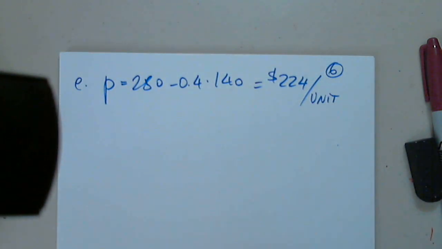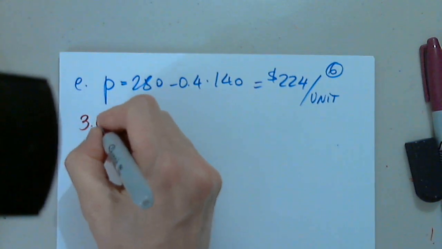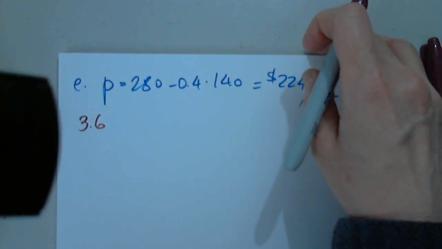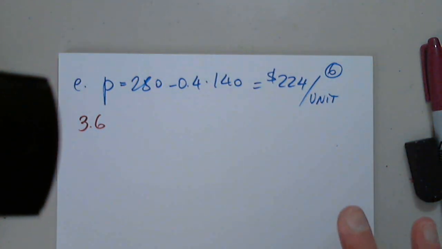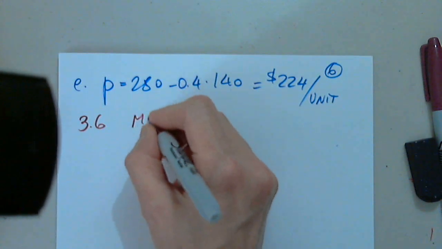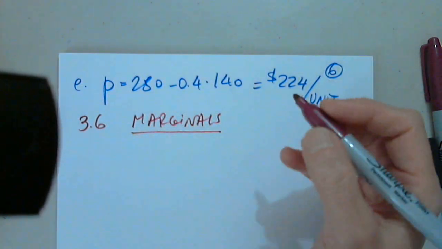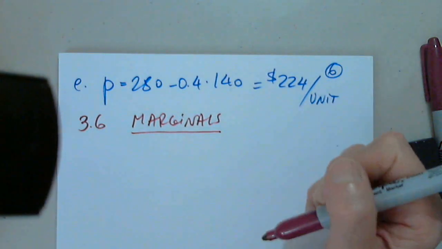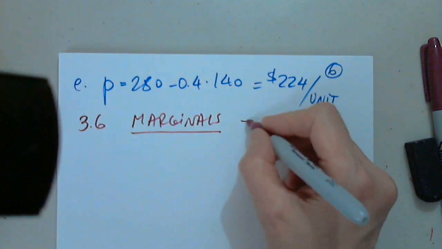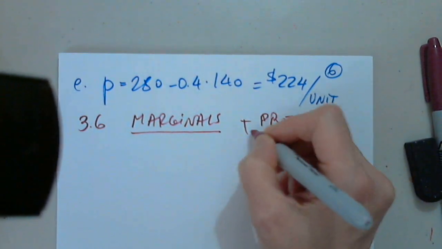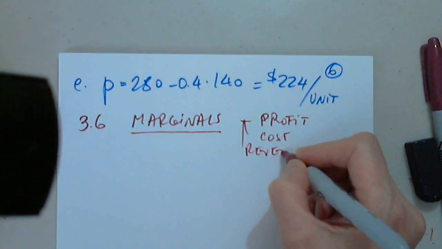Okay, so let's look at 3.6. In 3.6, we are going to need to look at another application. Of course, they're all applications of derivatives. And we are talking about marginals. And you know what marginals are: marginal profit, marginal cost, marginal revenue.